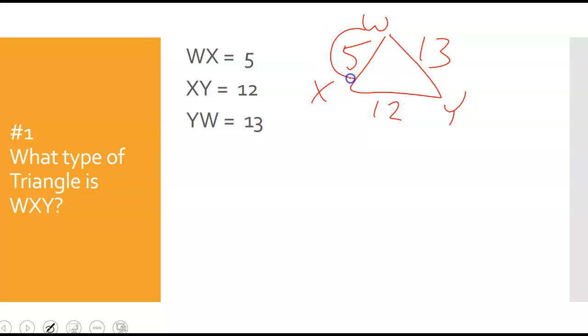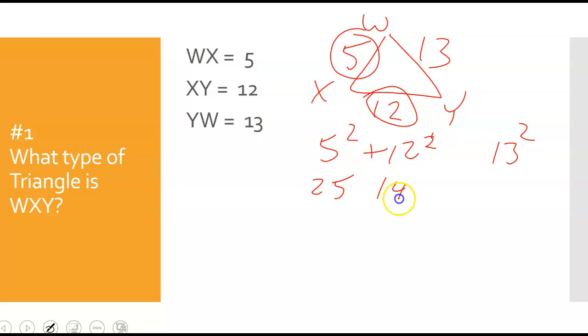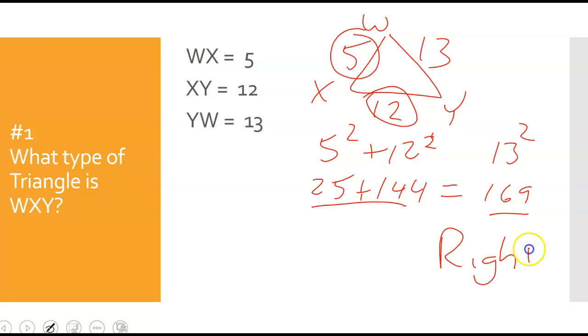So I'm going to take the two smallest sides, 5 and 12, square those and add them together, and see how that compares to the biggest side squared. 5 squared is 25, 12 squared is 144, and 13 squared is 169. But 25 plus 144 equals 169. So if it's equal, then it has to be a right triangle. We are going to conclude that WXY is a right triangle.